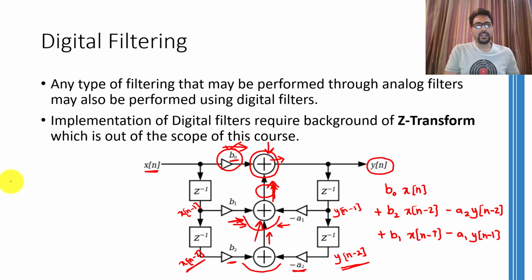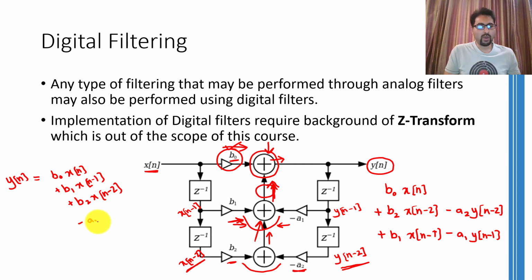So if I can write the equation in a simple form over here, it would be something like this. That is, the output y of n would be equal to b naught x of n plus b1 x of n minus 1 plus b2 x of n minus 2 minus a1 y of n minus 1 minus a2 y of n minus 2.